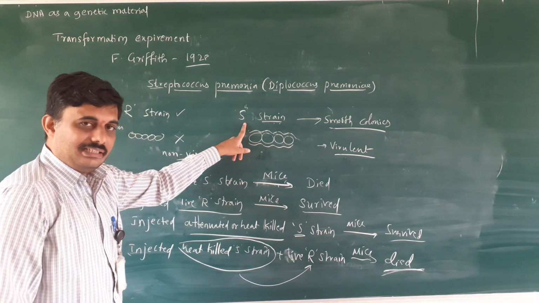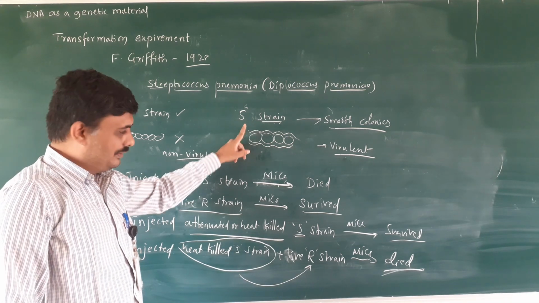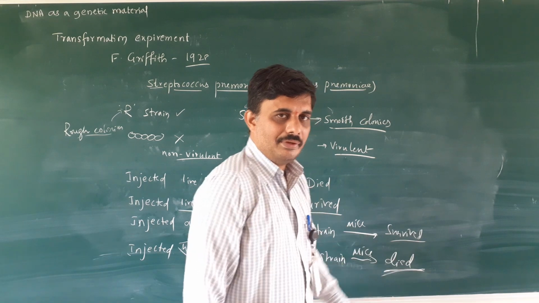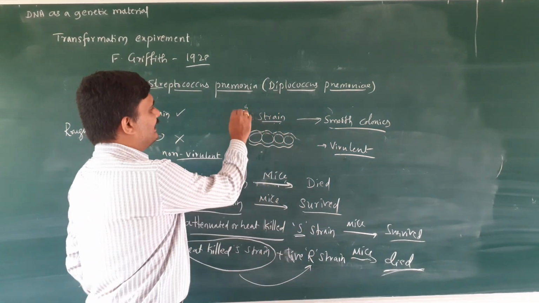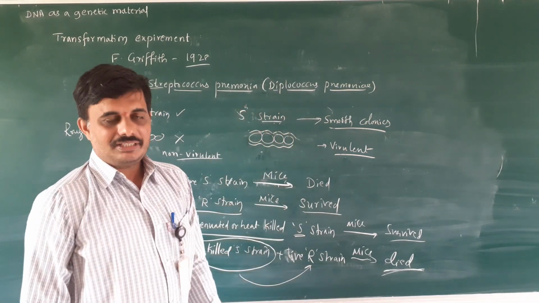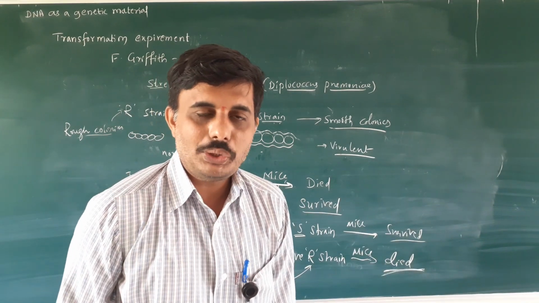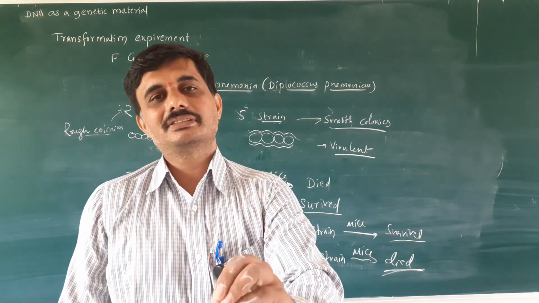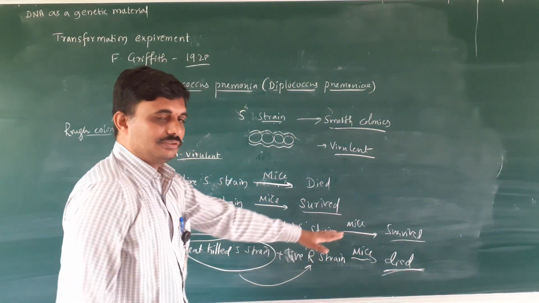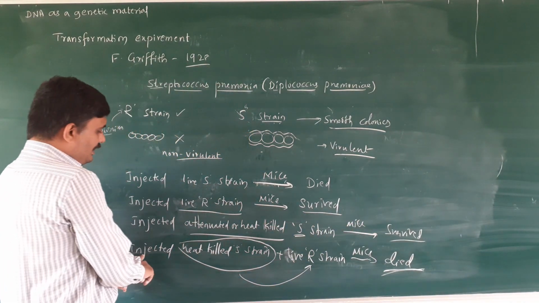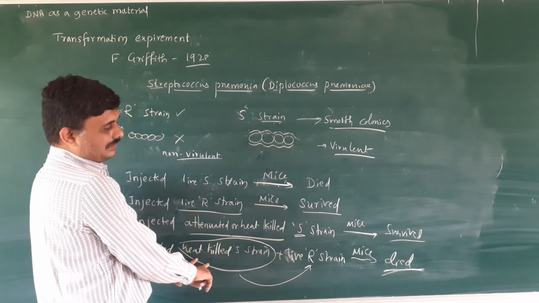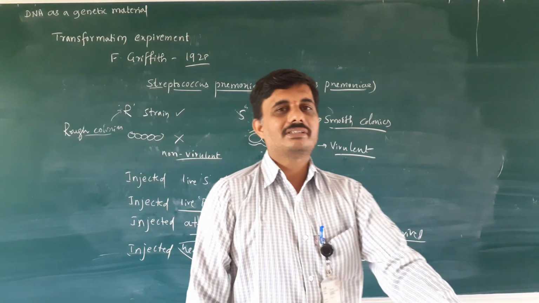When he injected the heat-killed S strain into the mice, they survived, because killing the strain loses the capacity of virulence and pathogenicity. But when he injected both live R strain and heat-killed S strain into the mice, they died.